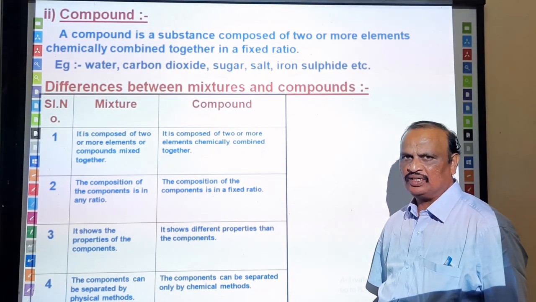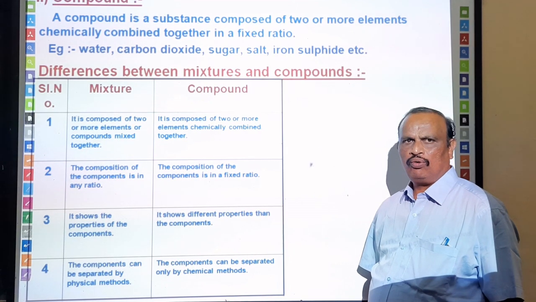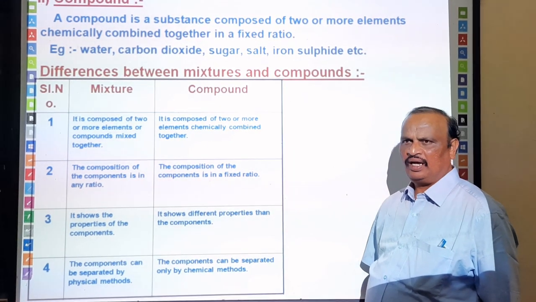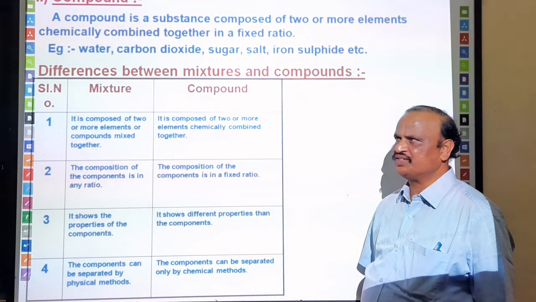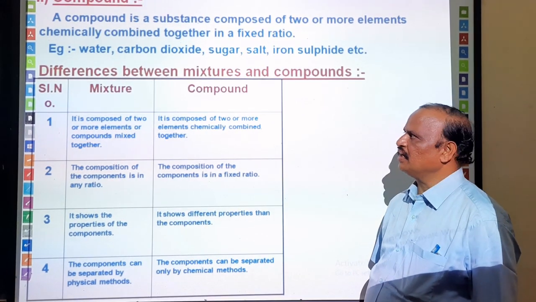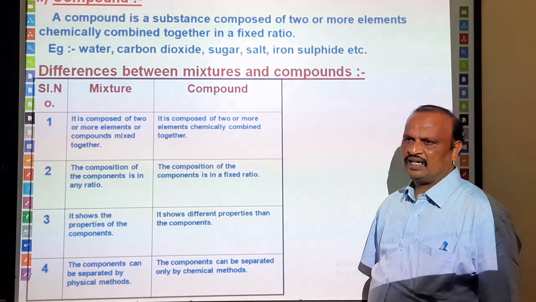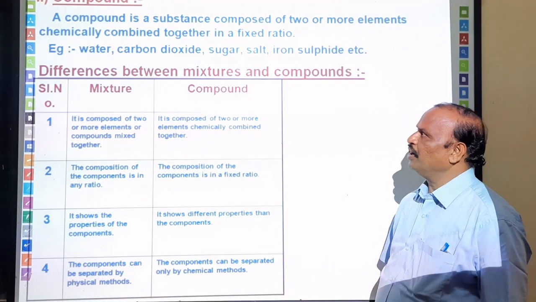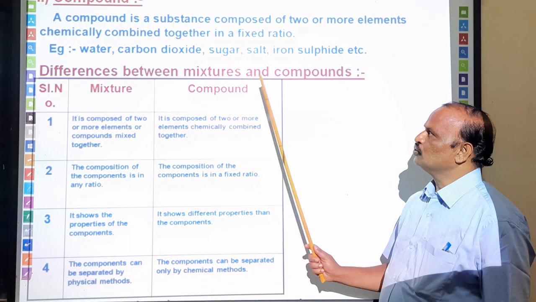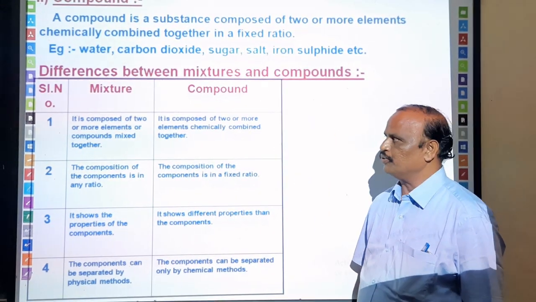By mass, 2 grams of hydrogen and 16 grams of oxygen combine to form water. Carbon and oxygen combine to form carbon dioxide. Sugar, salt, etc. are all examples of compounds.